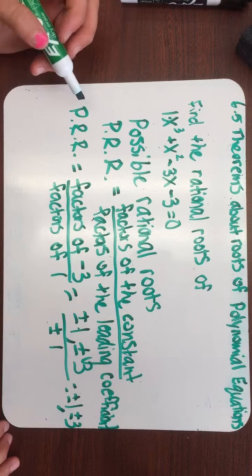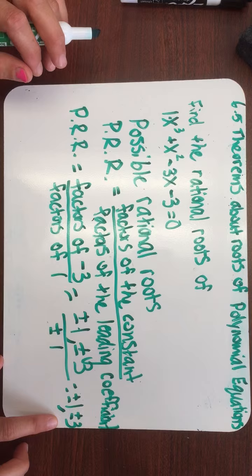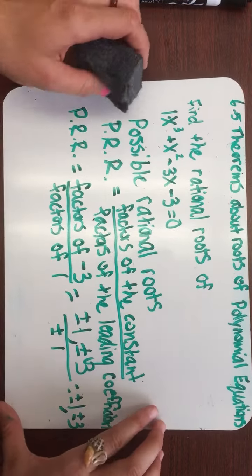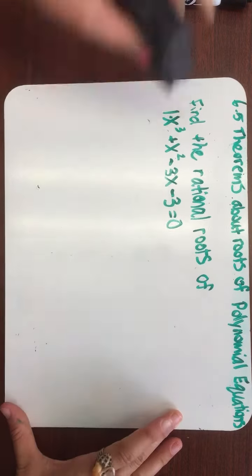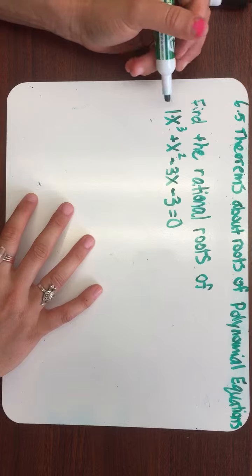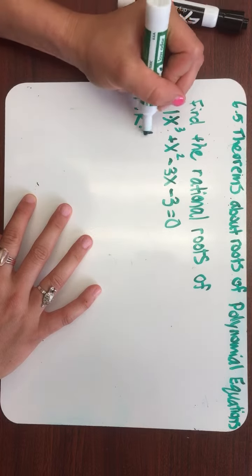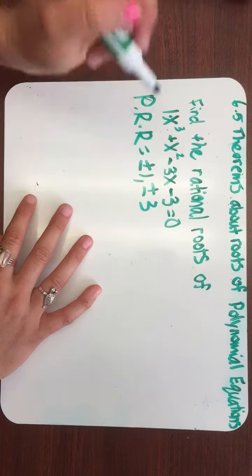So now what we're going to do is test these to see which one actually works. When we test it, we're going to be using synthetic division. So again, we'll list our possible rational roots, which we just found to be plus or minus 1 and plus or minus 3.